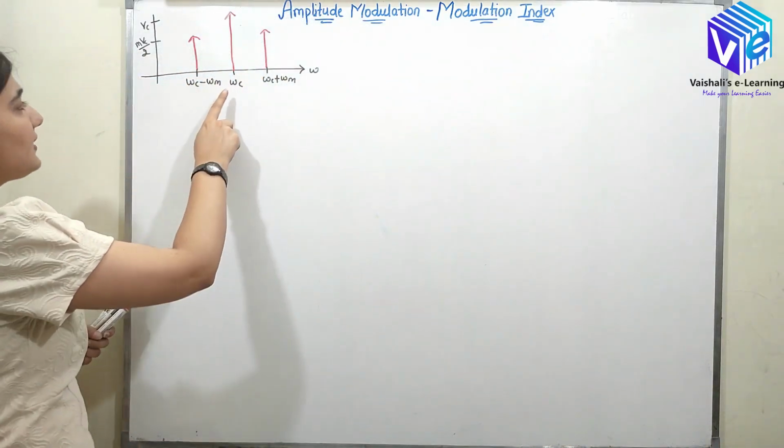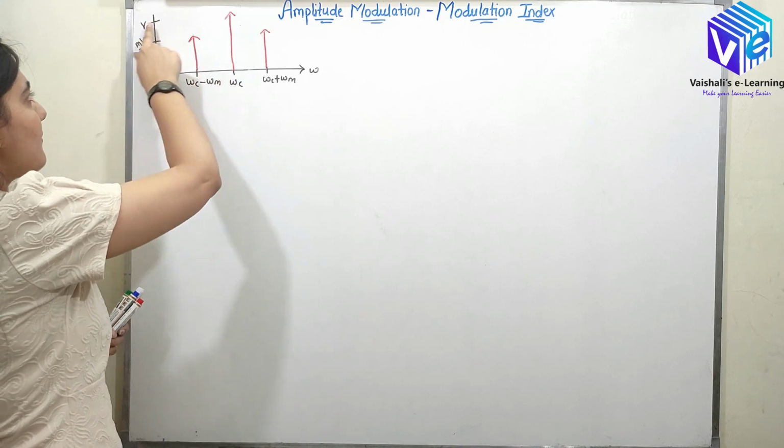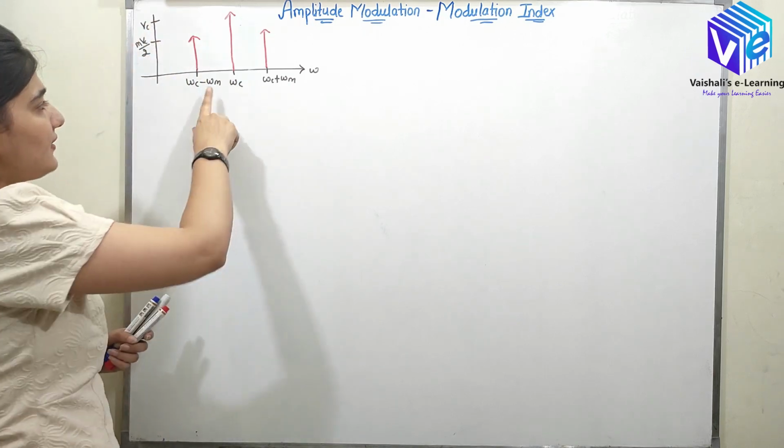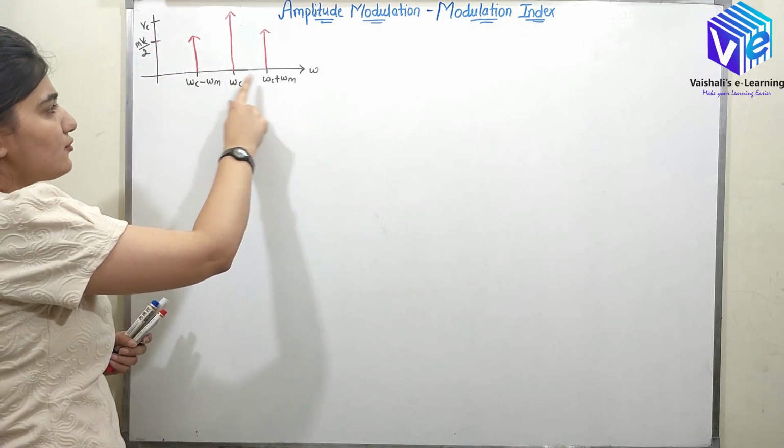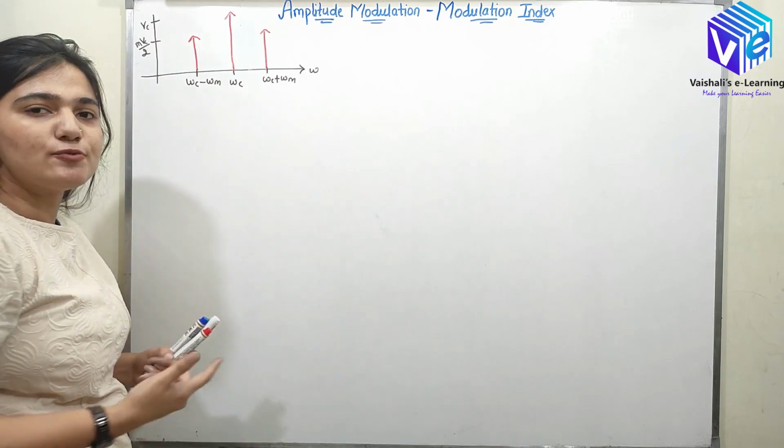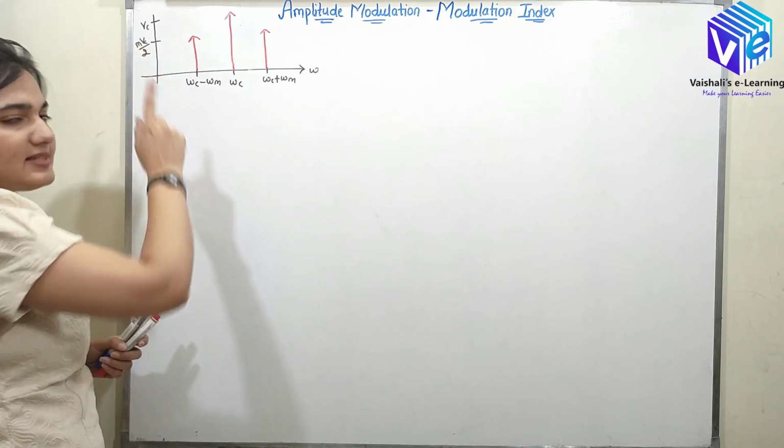The component at omega c has amplitude Vc, and the components at omega c minus omega m and omega c plus omega m have amplitude mVc by 2.